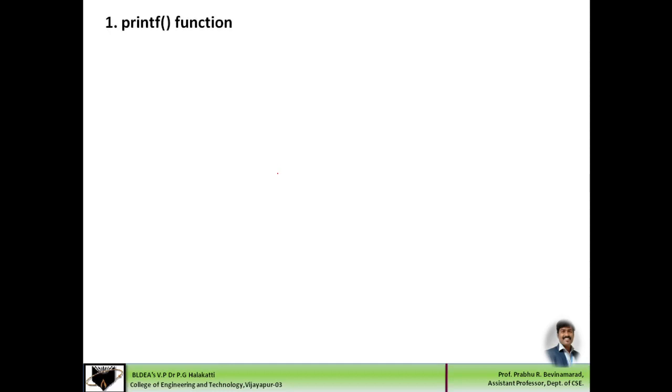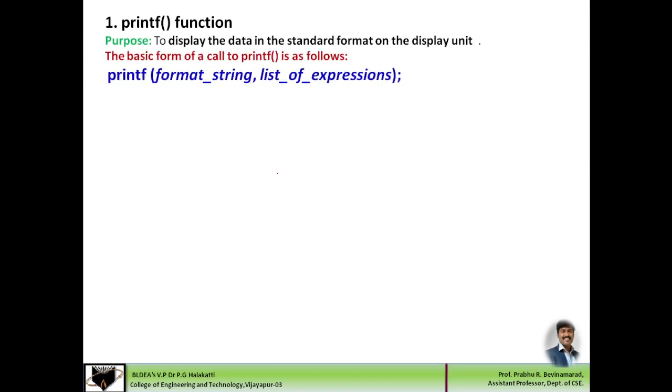Let us understand the formatted output function, that is the printf function. The purpose of using the printf statement is to display the formatted data on the display unit. The general form is, we write a printf function and we specify a format string.